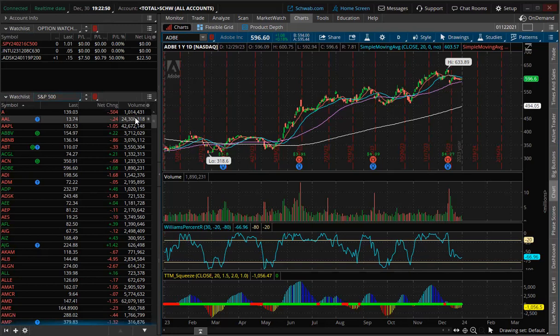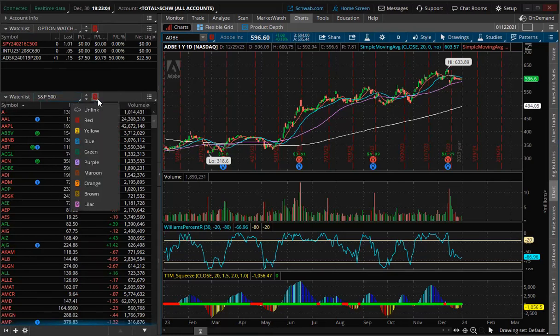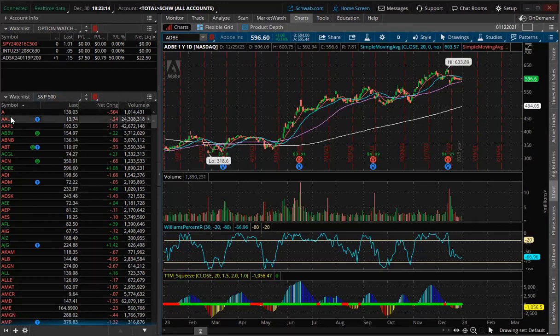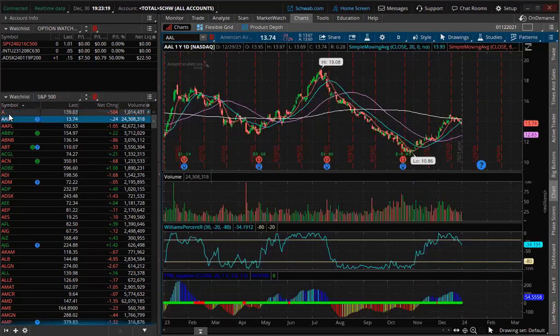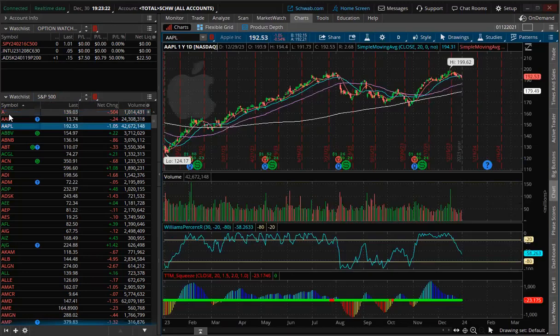So these are prospective stocks, the S&P 500, that I want to consider trading based on their chart. And you will notice that we have a little red, we use the red, but there's a lot of other color choices, but you want it to match the chart so that when you are checking out what stocks to buy, for instance, Apple has a recent high.